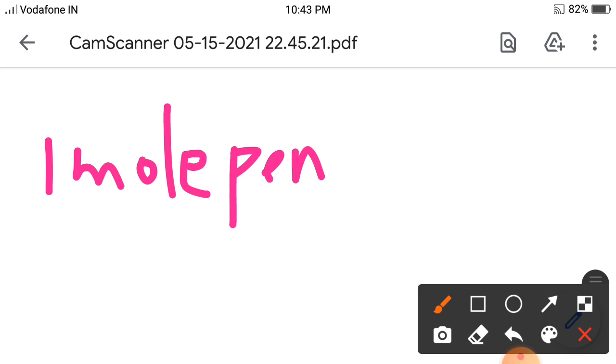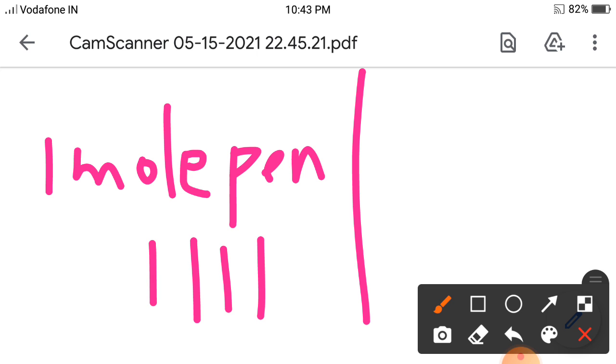There's 1 pen, 2 pens, 3 pens, 4th, 5th, 6th, 7th. So 1 mole of pens means 6.022 into 10 raised to 23 pens.